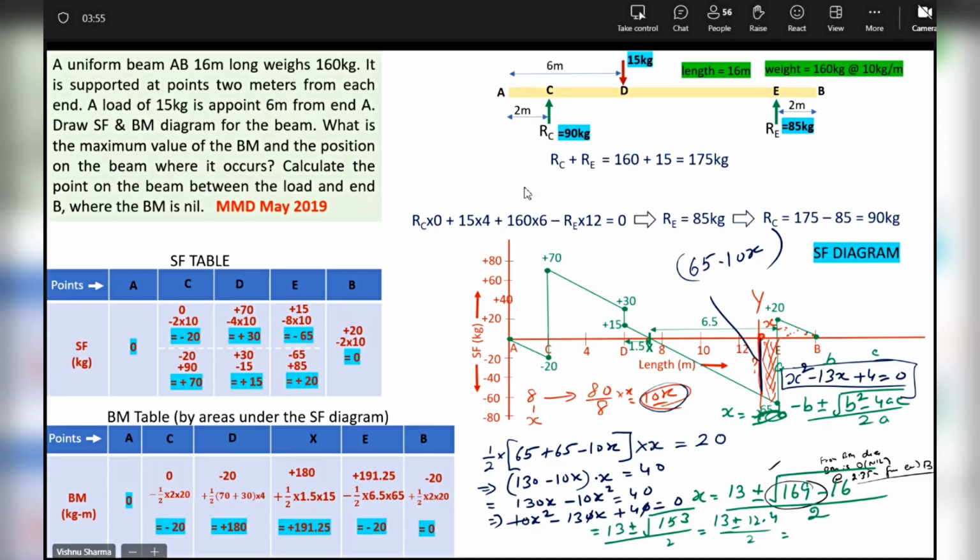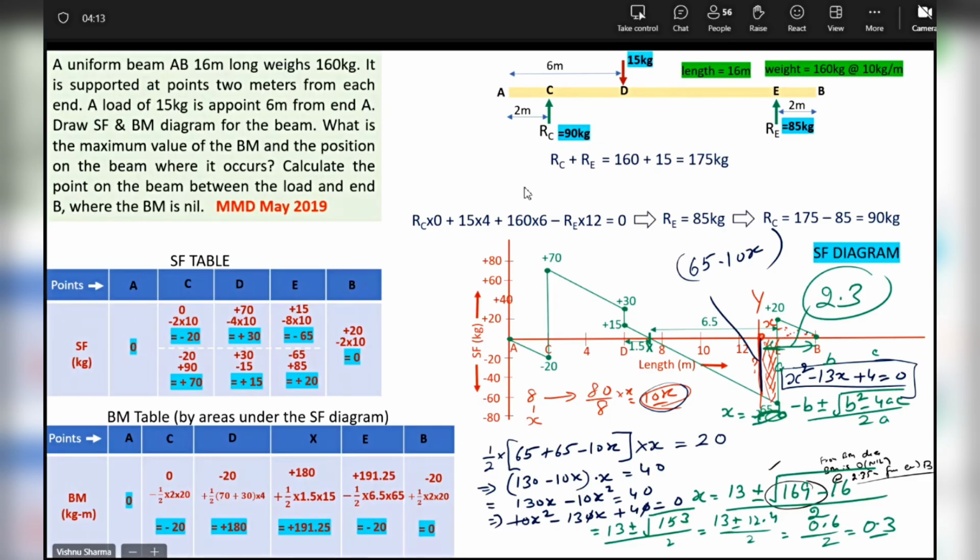The only possibility is 13 minus 12.4, that is 0.6. Divide by 2, it's about 0.3. So x by calculation is also coming 0.3. So that means by calculation also this will be 0.3 meters from end B.